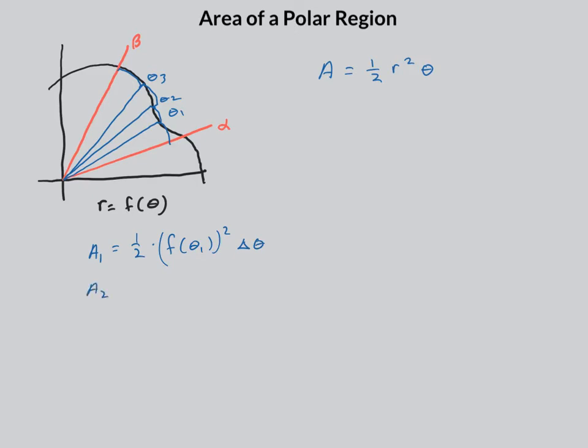And then for area 2, the radius is the value at theta 2, so it's 1/2 times f of theta 2, that thing squared, delta theta, and so forth.